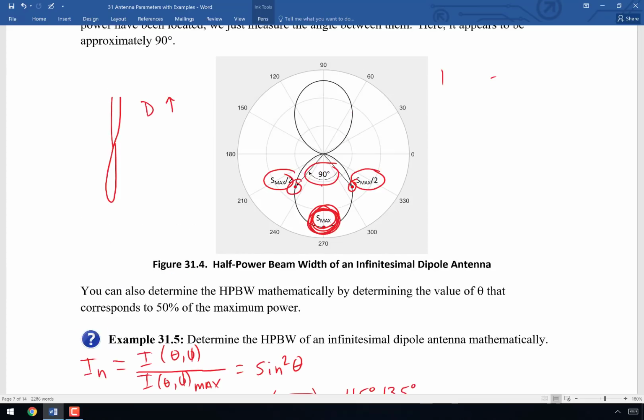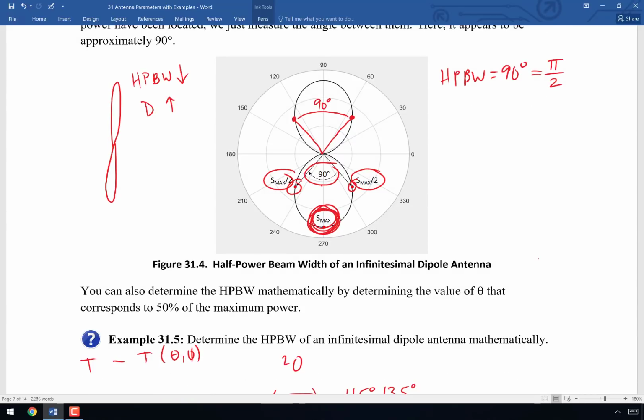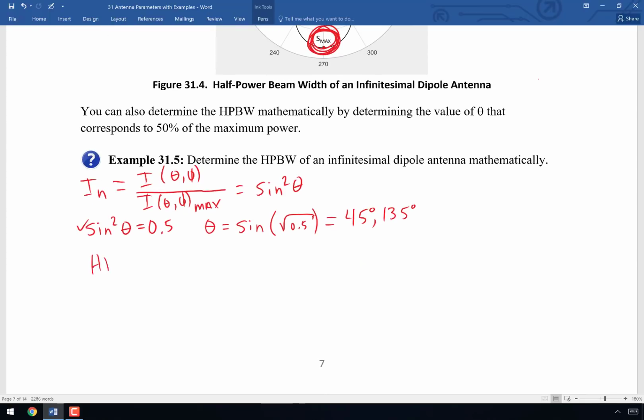So if you look up here, you can see 45 degrees would be right about there, and 135 degrees would be right about there. If we say that's the half-power beamwidth, then it is 135 degrees minus 45 degrees, which is 90 degrees.